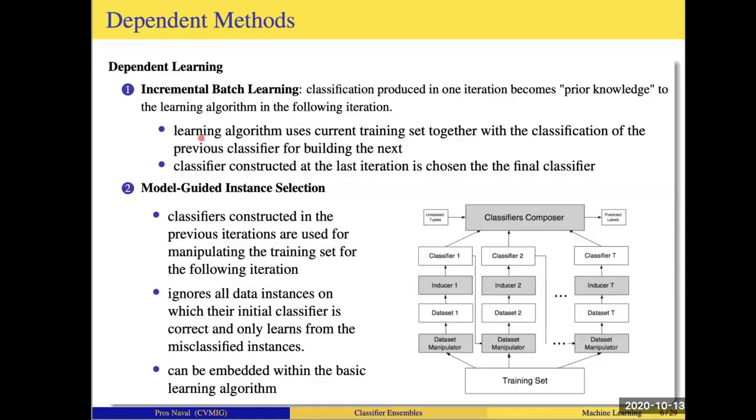So you have a learning algorithm that uses the current training set together with the classification of the previous classifier for building the next one. And the classifier constructed at the last iteration is chosen as the final classifier. And the second one, model-guided instance selection.